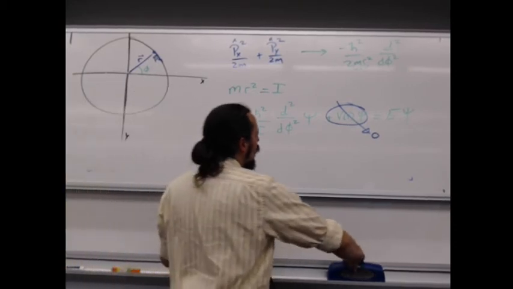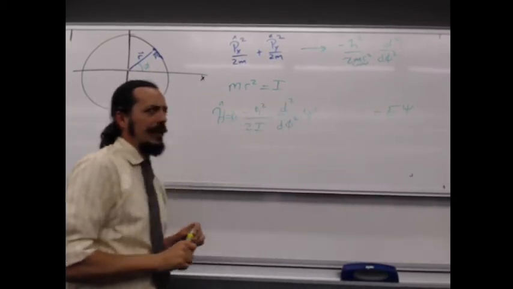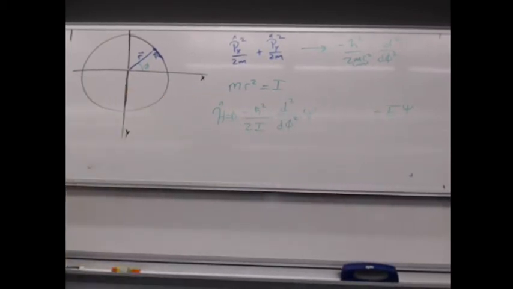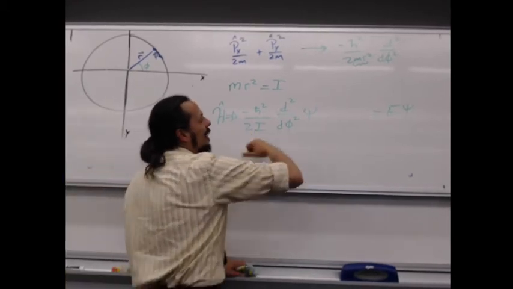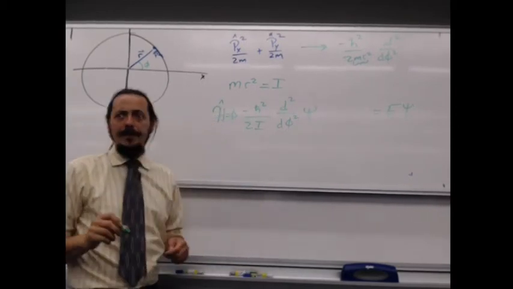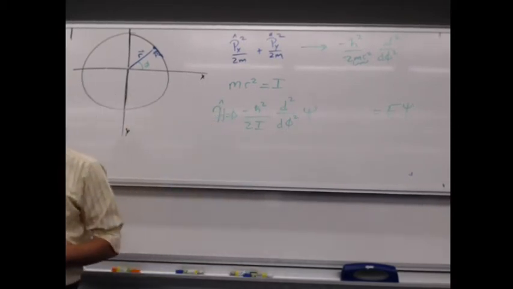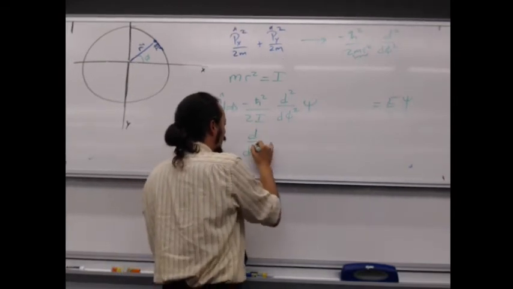So we can erase that. And I hope you can see the train coming. We're going to multiply by 2I over negative h bar, bring the E over. We're going to get a really familiar looking equation that you're all going to be able to solve in your minds right now.